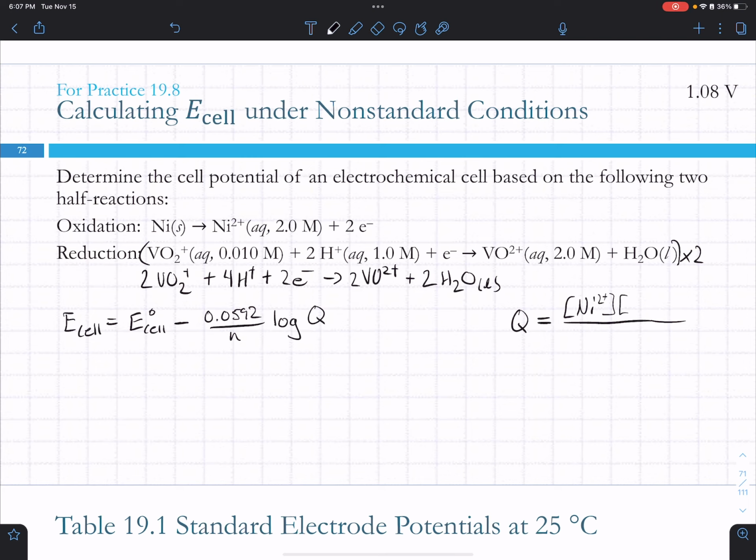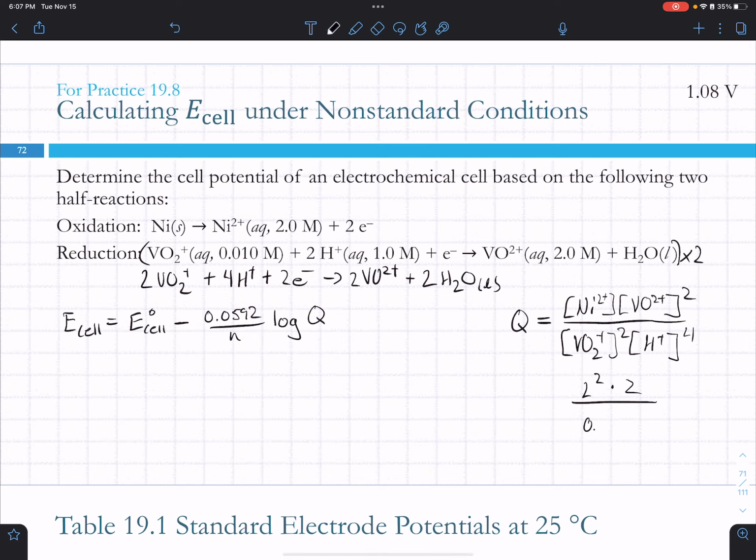The only other product is VO2 plus squared. VO2 plus has to be squared because we multiplied the whole thing by 2, so we raise each to the exponent of its coefficient. Then our reactants are VO2 plus squared, oops, and then H plus to the 4th.